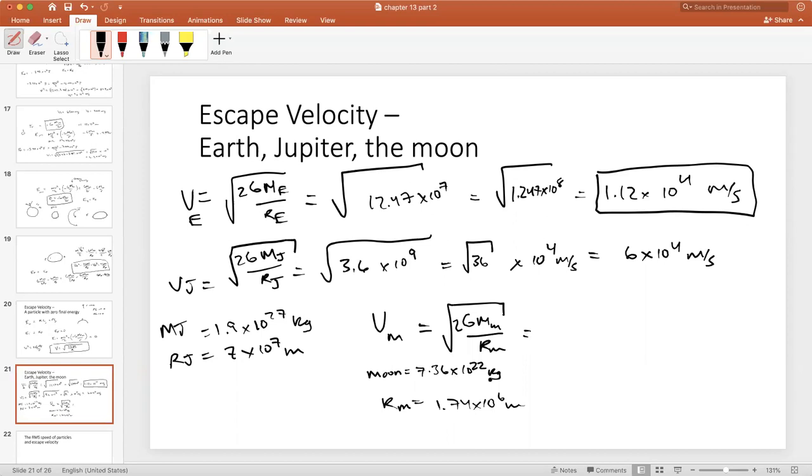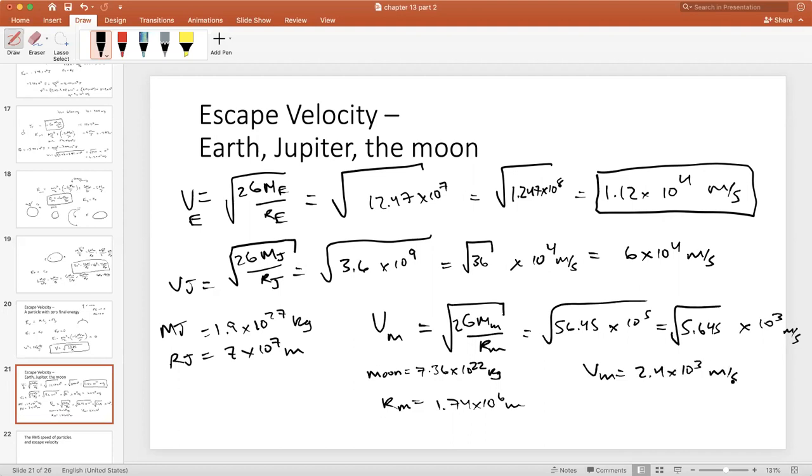So I get 56.45. This is to the minus 11, 22. So 11 over 6, this is times 10 to the 5th. If I back that up, this is the square root of 5.645 times 10 to the 3rd meters per second. Square root of 5.645 is 2.4, let's call it. So v of the moon is 2.4 times 10 to the 3rd meters per second.